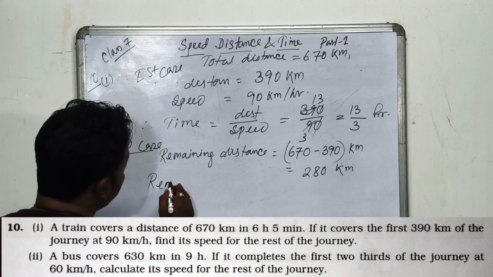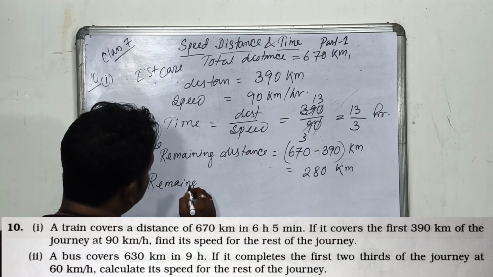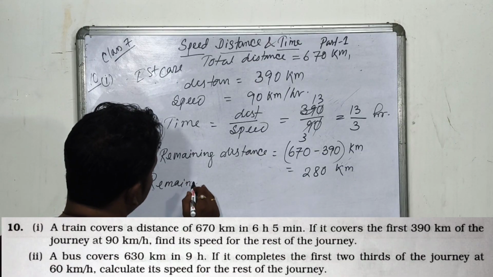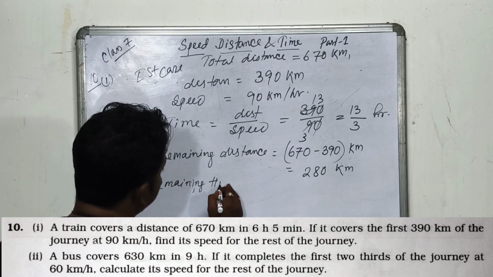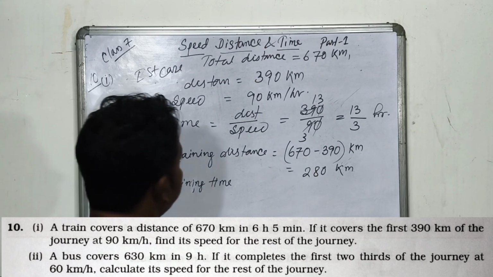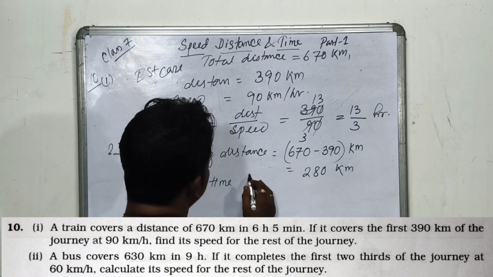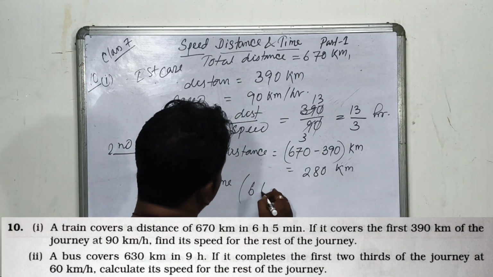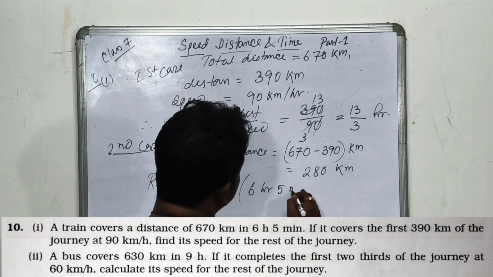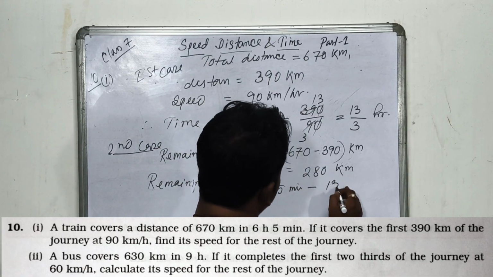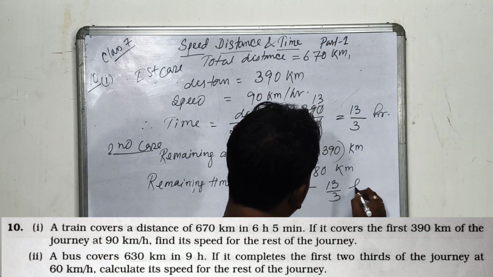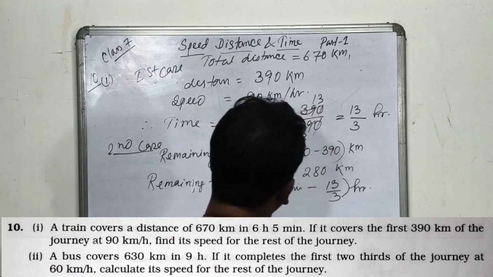Remaining time is total time, 6 hours 5 minutes, minus 13 by 3 hours.